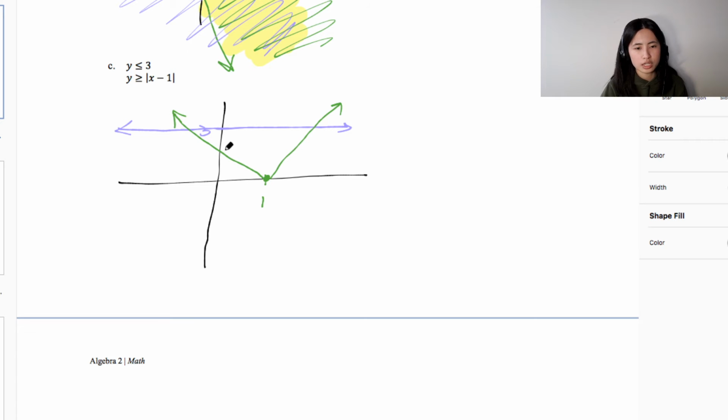And just in case you're interested, you probably wanted to know what your y-intercept is for the absolute value of x minus 1. When you plug in 0, this is 1, therefore it should be here. So it doesn't really touch your 3 over here, just so you're wondering. Okay, yeah, so we have that.